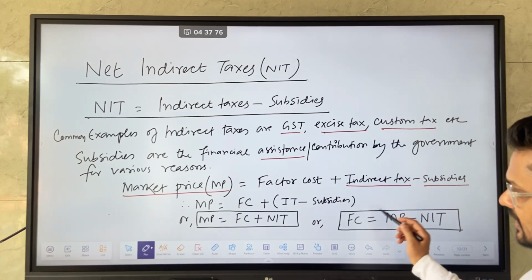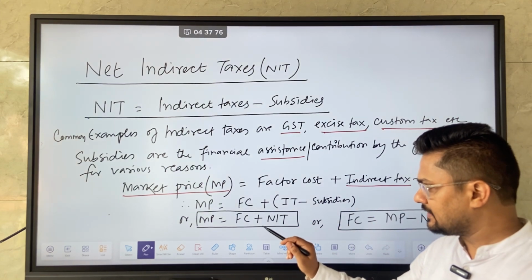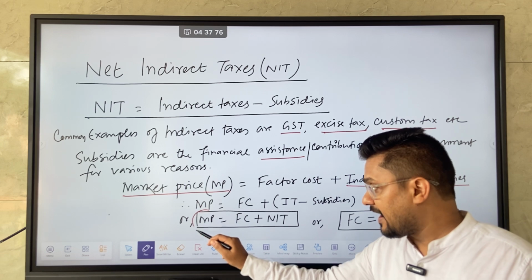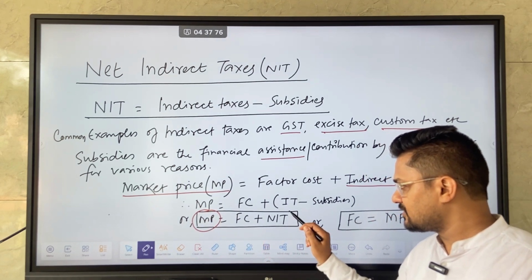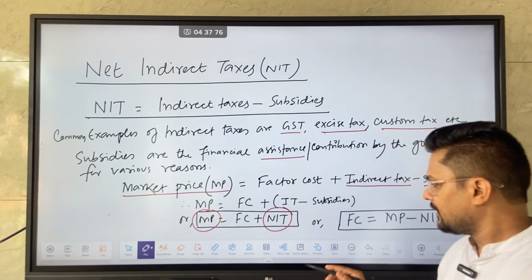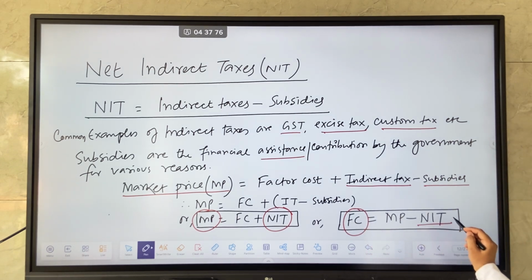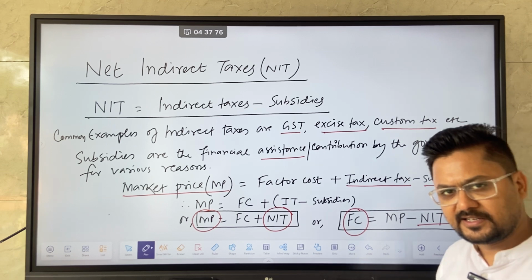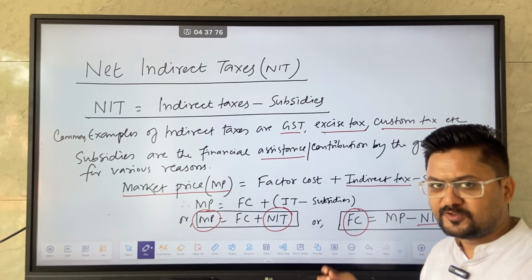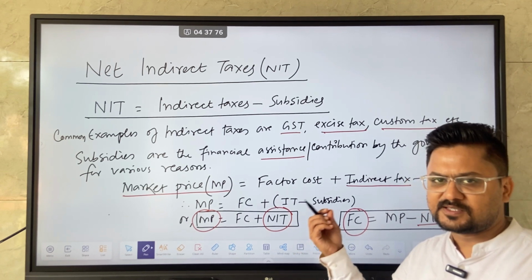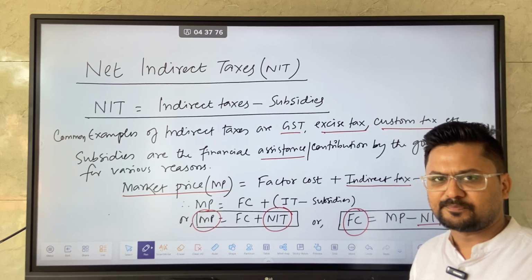That means whenever you have to find market price from factor cost, you have to simply add NIT, and if you have to arrive at factor cost, you have to subtract NIT from MP. I hope it's clear. You need to practice a few simple numericals based on this. The concept is very simple.